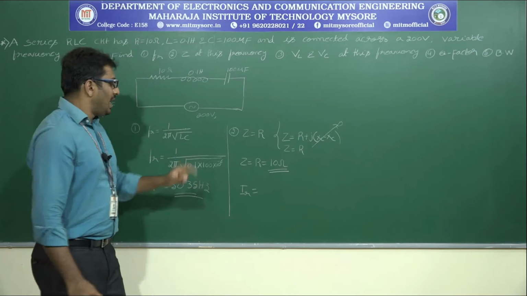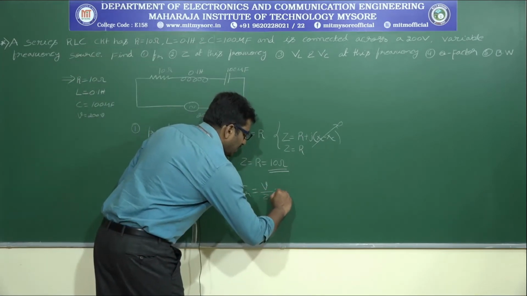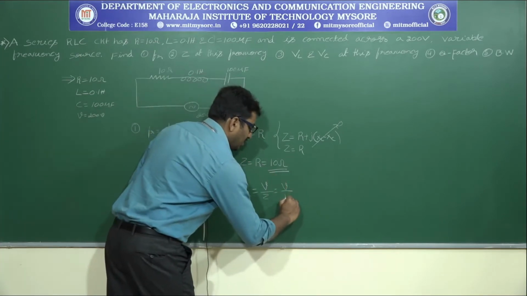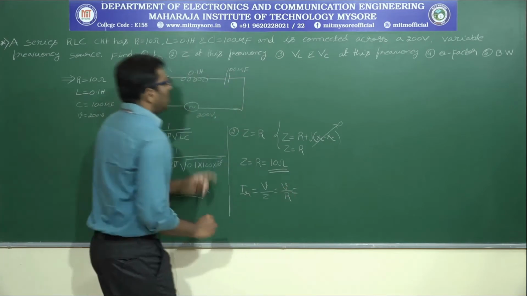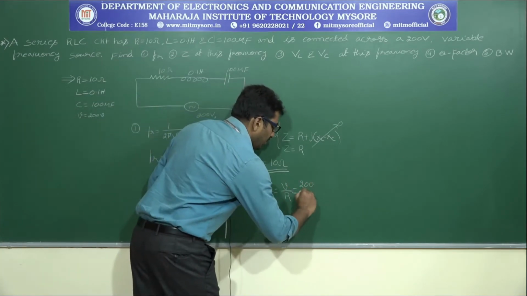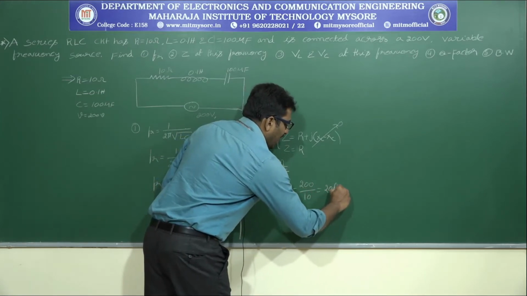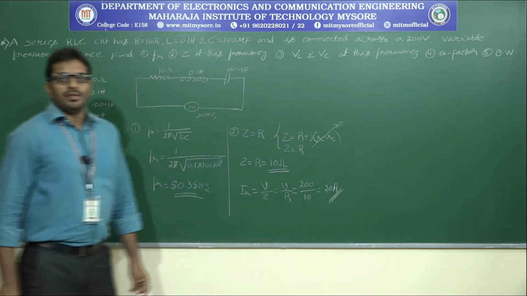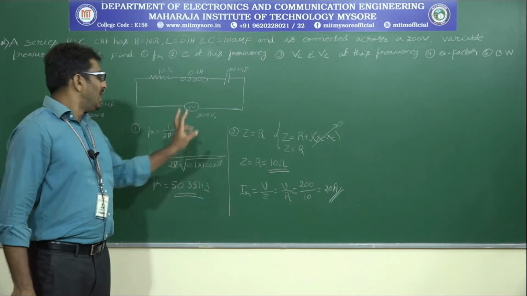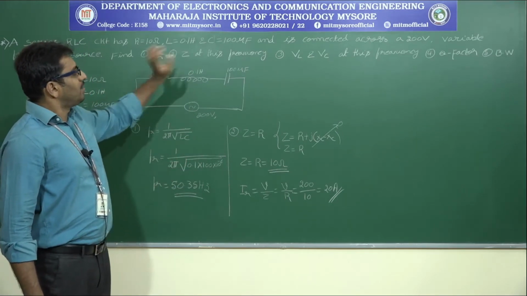So IR is equal to V by Z, and Z is nothing but R. Therefore, 200 volts divided by R 10, that is 20 ampere. This is the resonant current, the current at resonant frequency.